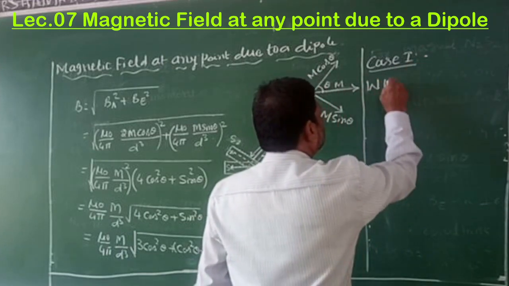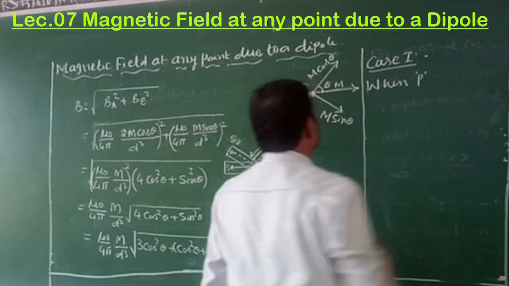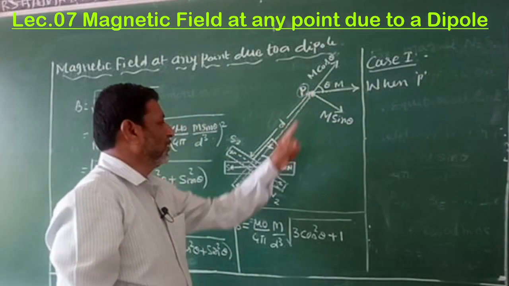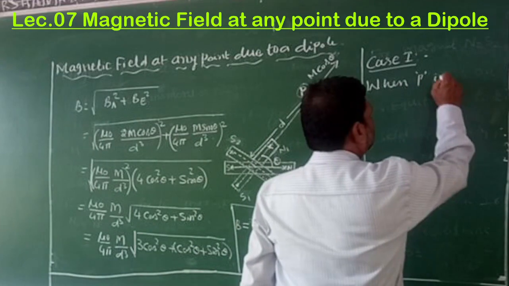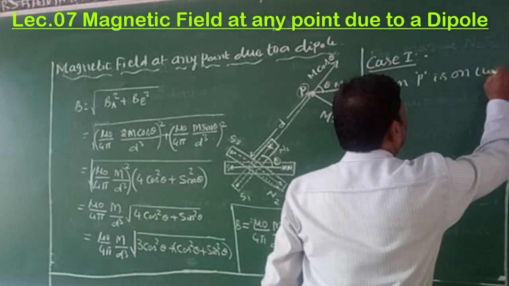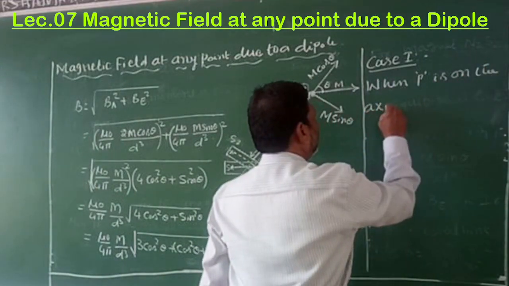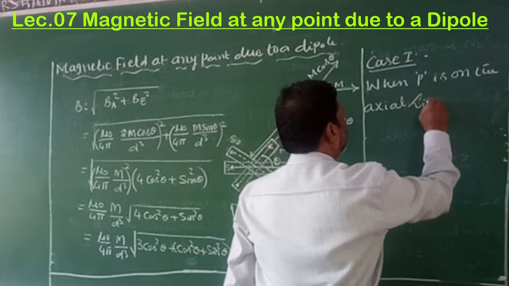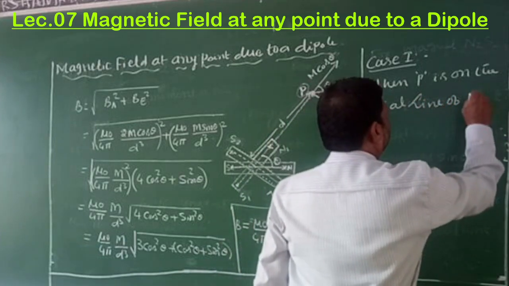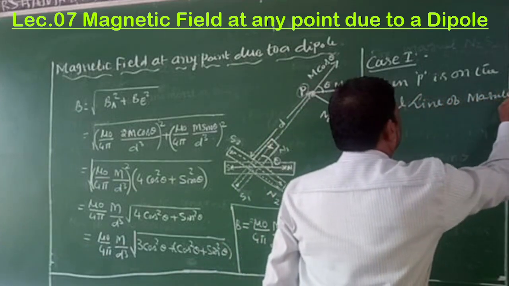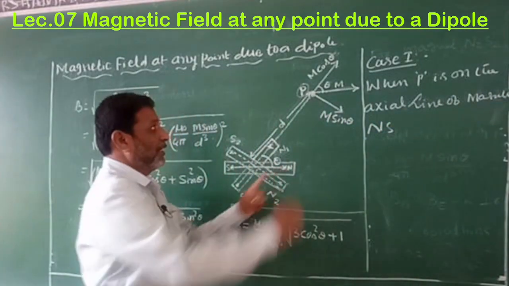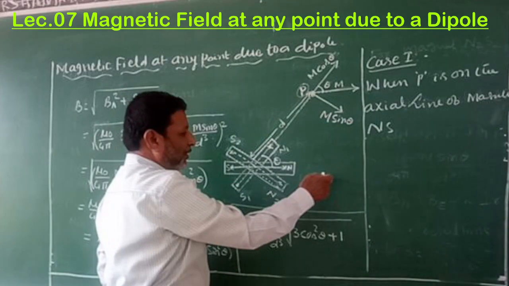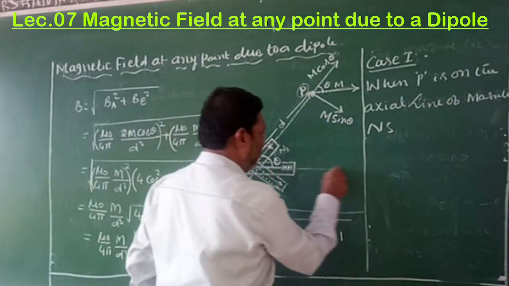When this point P is on the axial line of the magnet NS. When this point comes here, this is its axial line.